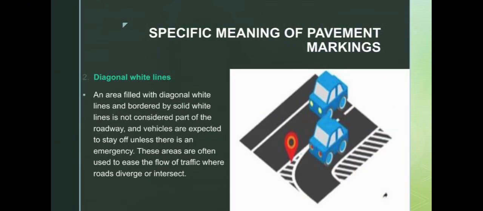Diagonal white lines: an area filled with diagonal white lines and bordered by solid white lines is not considered part of the roadway, and vehicles are expected to stay off unless there is an emergency. These areas are often used to ease the flow of traffic where roads diverge or intersect.